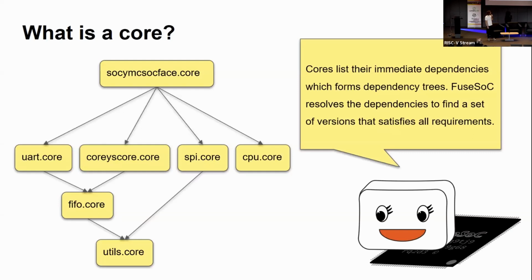And dependency management can be complex, but this is also a solved problem on the software side, where you have SAT solvers for calculating the correct set of dependencies. So if you say that one core needs at least version 1.3 of this core, and another one says you need at most version 1.4 of this core, then FuseSoC's dependency manager will resolve this for you.